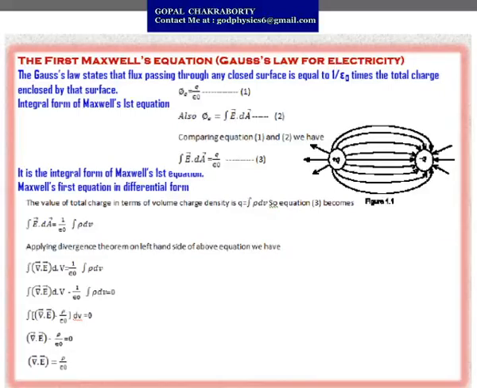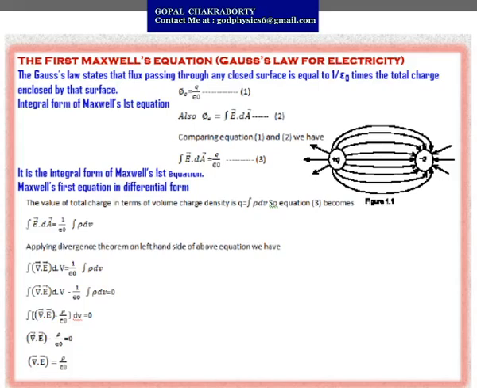So as per Gauss's law, the total normal flux, represented by phi, equals Q by epsilon naught, where Q is the total charge enclosed by the surface and epsilon naught is the permittivity of free space, which has a value of 8.854 into 10 to the power minus 12 Farad per meter.